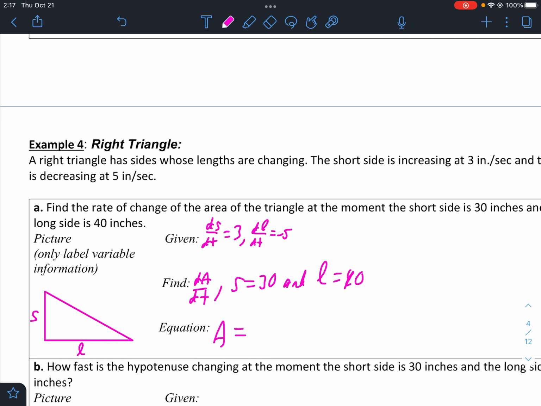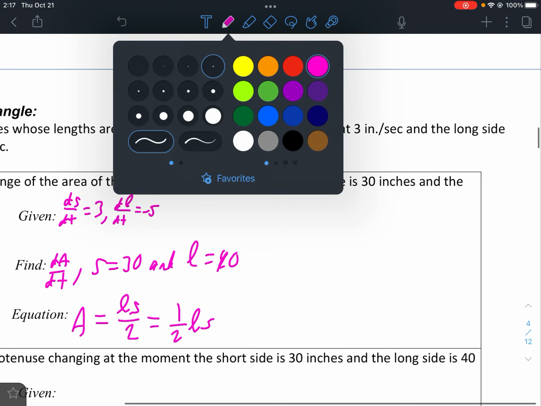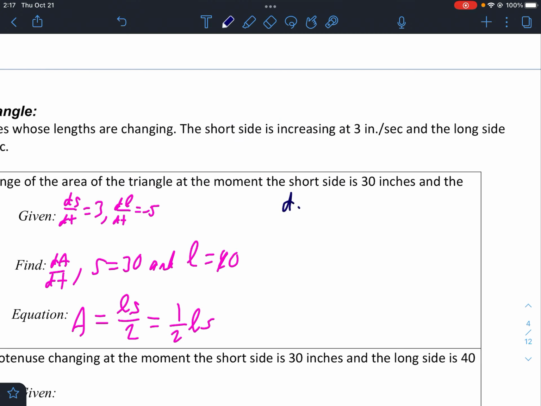So the equation for area of a triangle is base times height over 2, right? So base height over 2. Or if you prefer it this way, 1/2 base height. All right, taking the derivative of that, we would get dA dt equals 1/2 L dS dt plus S times 1/2 dL dt.